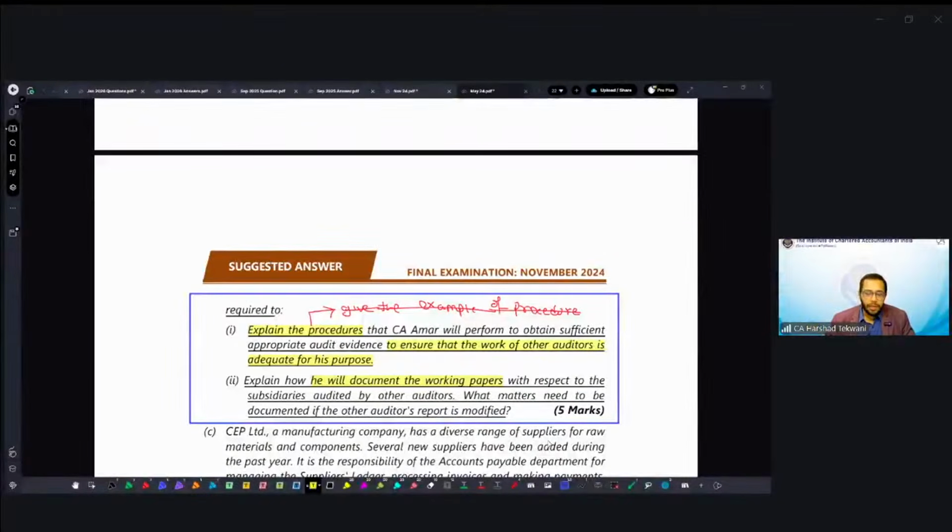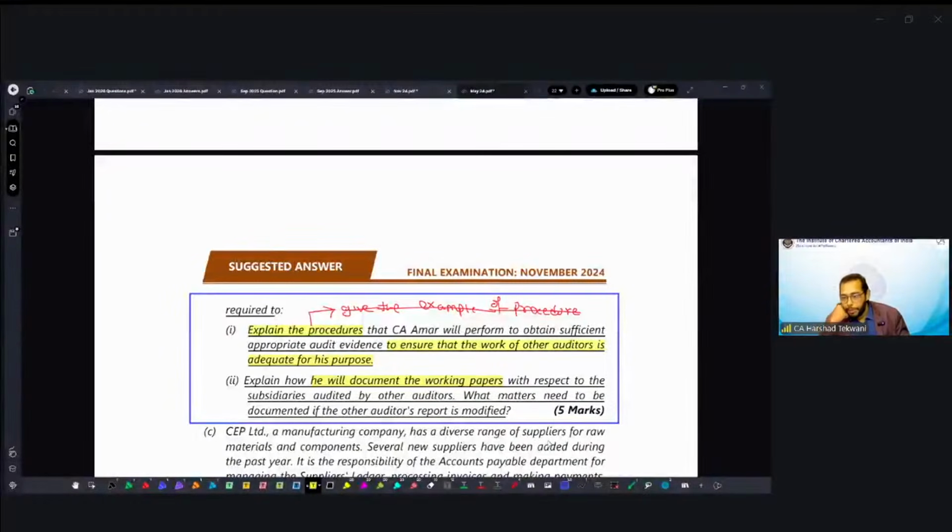You will write an entirely wrong answer instead of a simple answer that you might be aware of, and you will lose the entire marks. The problem arises because when writing the answer in the paper, we are in so much hurry and pressure that we do not focus on what the question is asking.